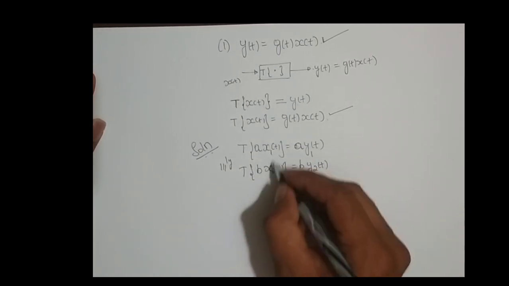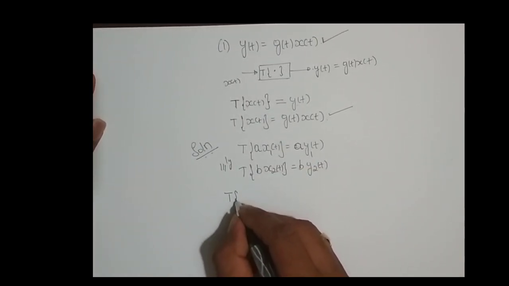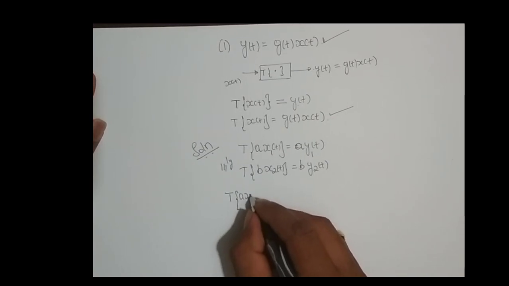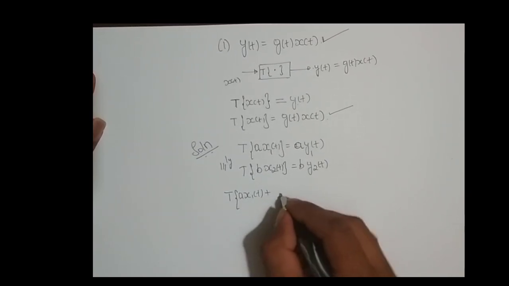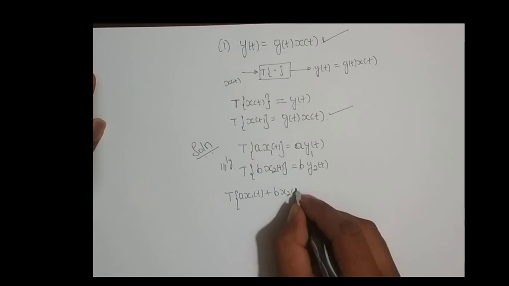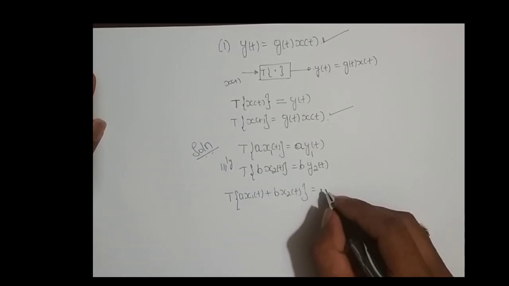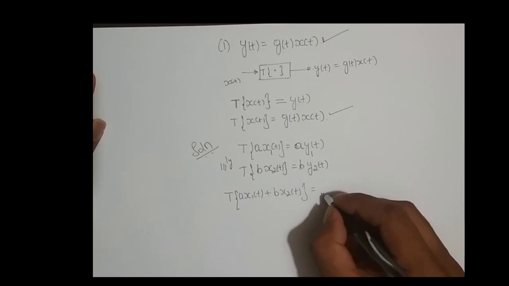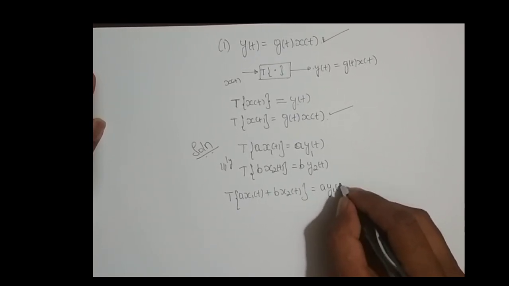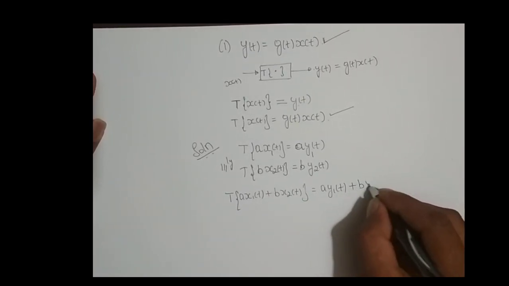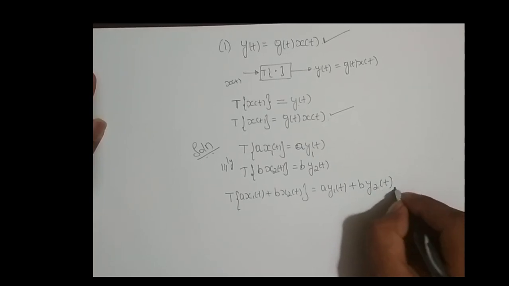Now, if I combine these two and feed it to the system T, which is a times x1 of t plus b times x2 of t, the output should also be in combined form, that is a times y1 of t plus b times y2 of t.